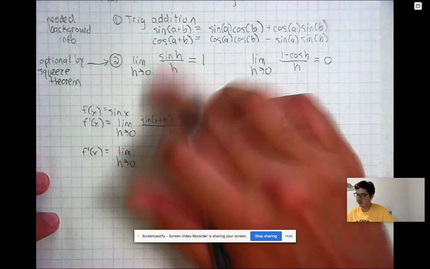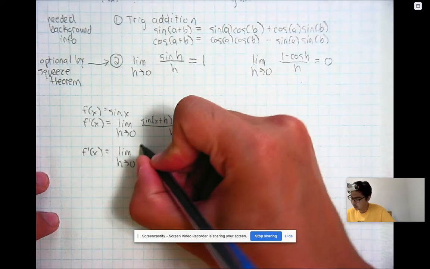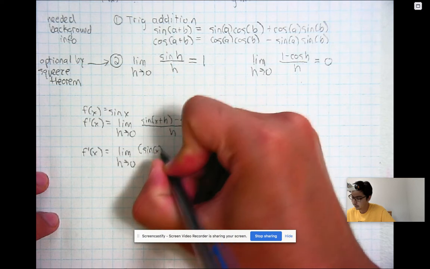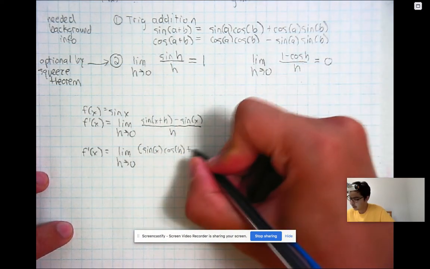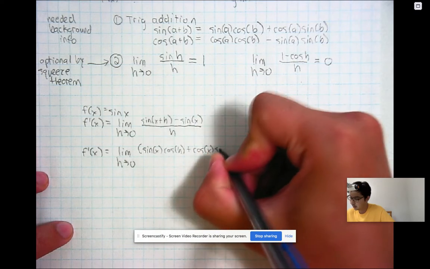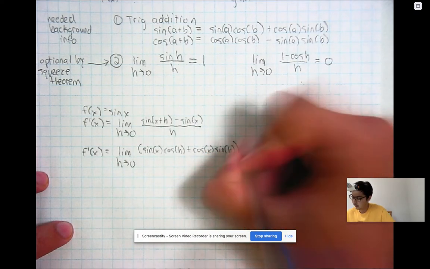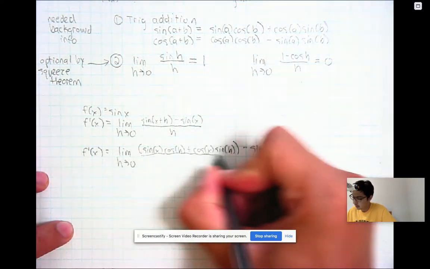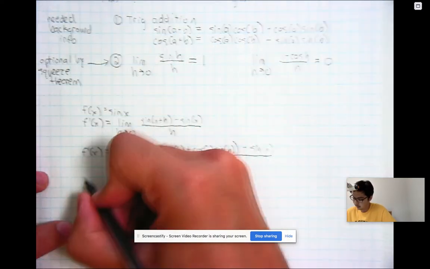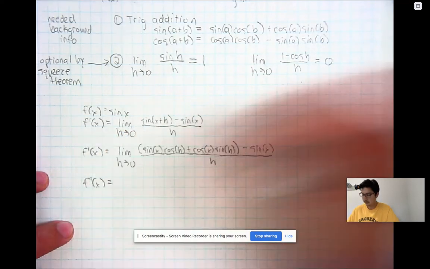Trig addition for sine of a plus b will give us sine of x cosine of h plus cosine of x sine of h, and all of that is minus sine of x, over h.